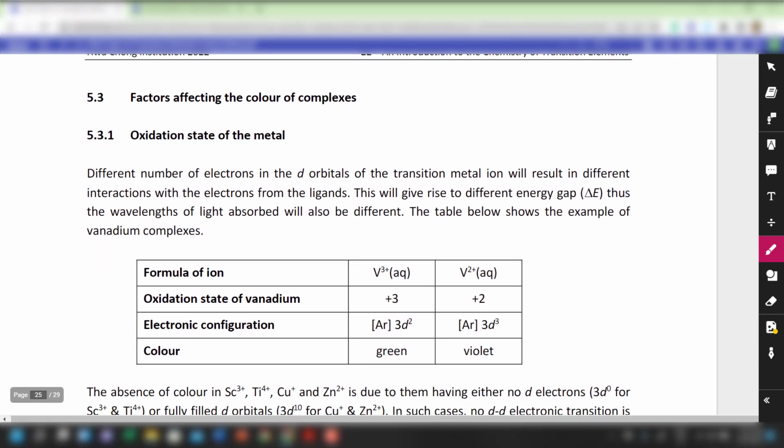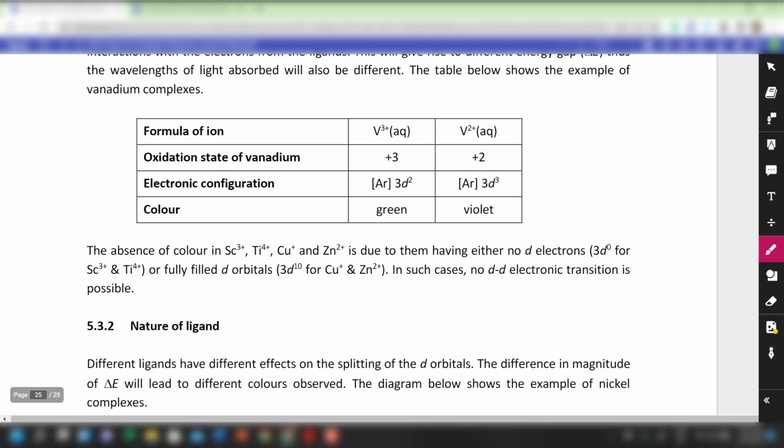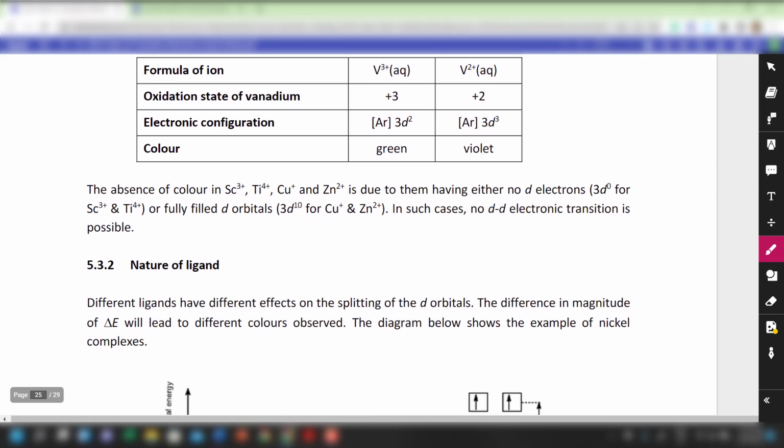What affects the color of the complex? Actually, many factors. One of the factors is oxidation state. You notice that scandium 3+, titanium 4+, and copper 1+ usually appear white in the solid phase, and zinc 2+ is colorless in the aqueous phase.